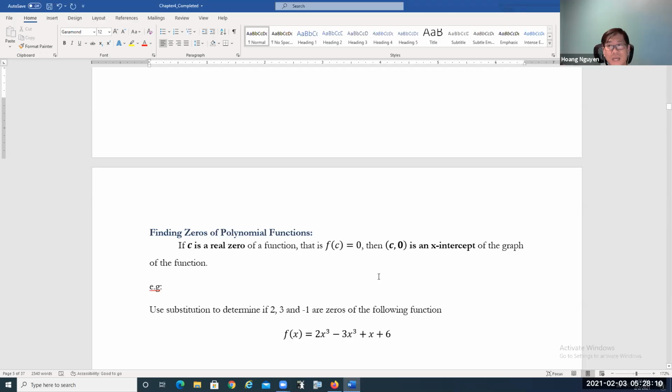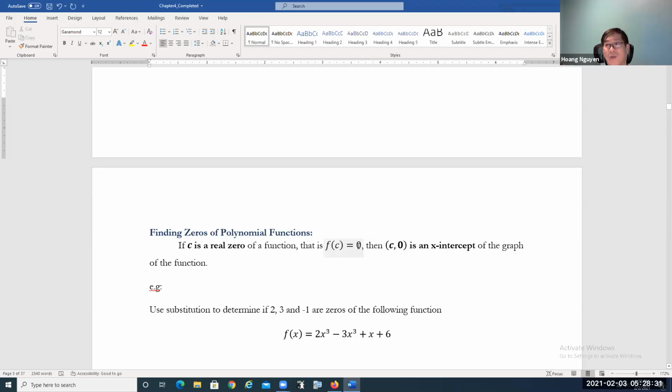So what does it mean by zero? Zeros mean the values of the variable for which the function will be zero. That's what I mean by find a zero, okay? So if c is a real number and a real zero of a function, then f of c will be zero.